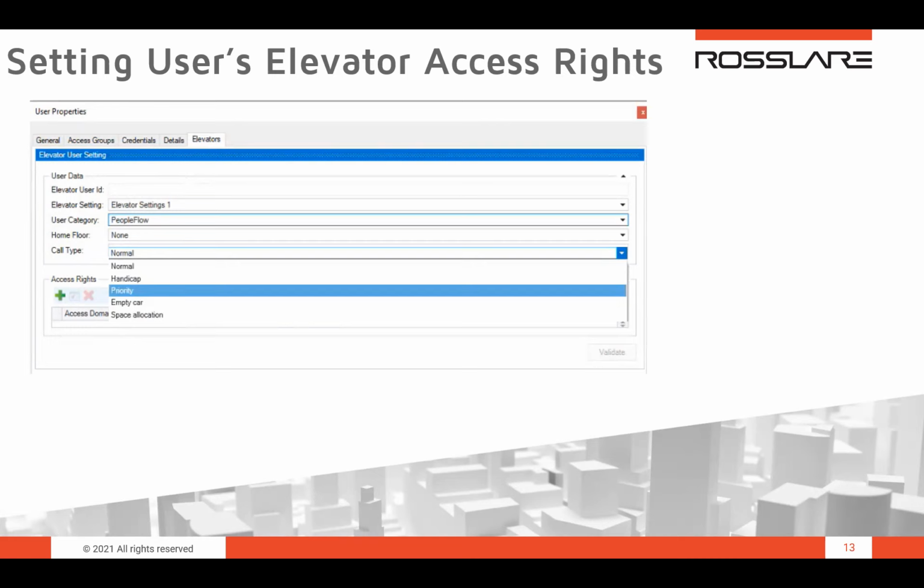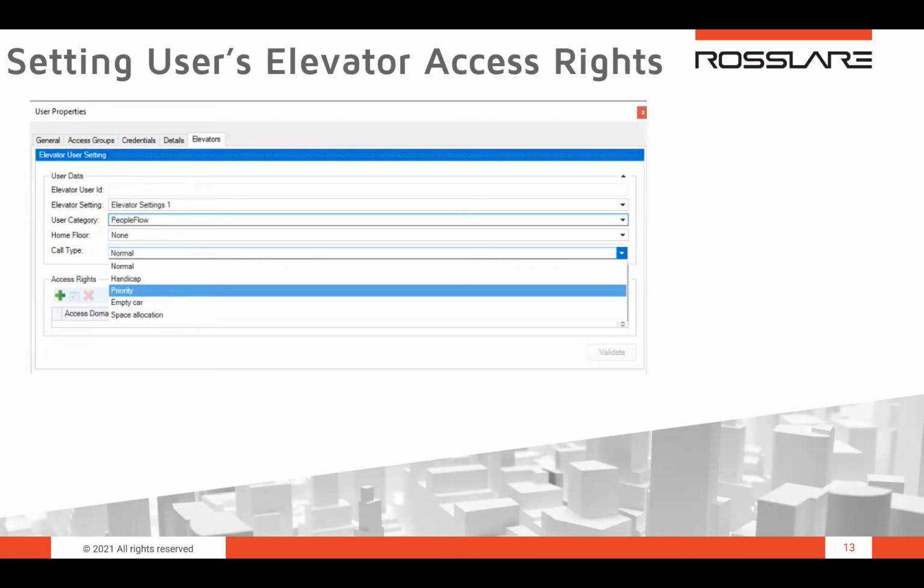Every time this specific user calls for an elevator, he has priority over other users, and an elevator will be directed to him first. Then we see empty car. It means that every time this specific user calls for an elevator, the elevator will arrive empty. And last, we have space allocation. Every time this specific user calls for an elevator, a wide compartment elevator will be invited.